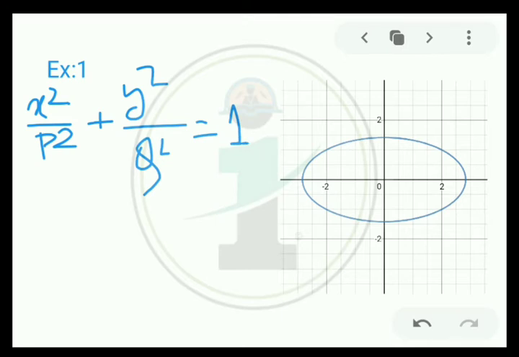So here you can see that the center of the ellipse is at 0, 0. So we can have an expression like this. Here p is greater than q, I mean this is the semi major axis and this is q, the semi minor axis.